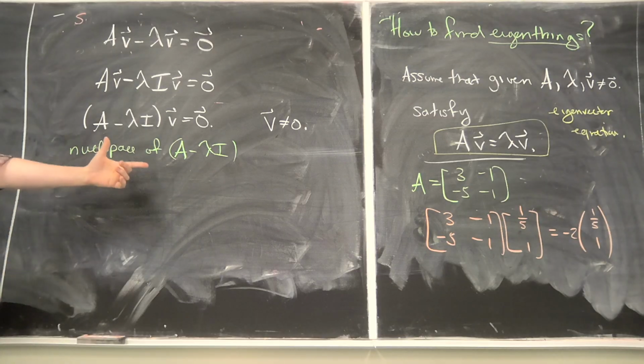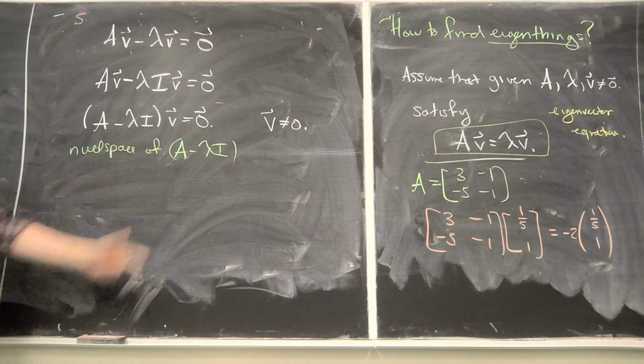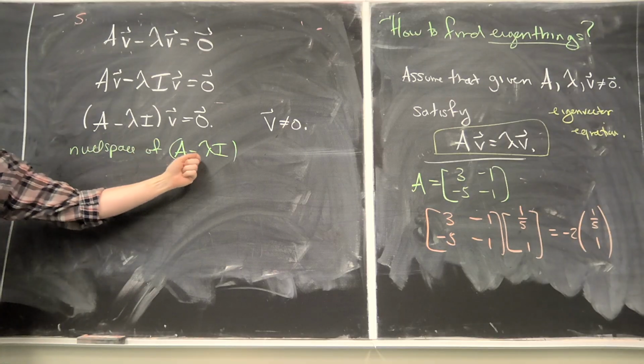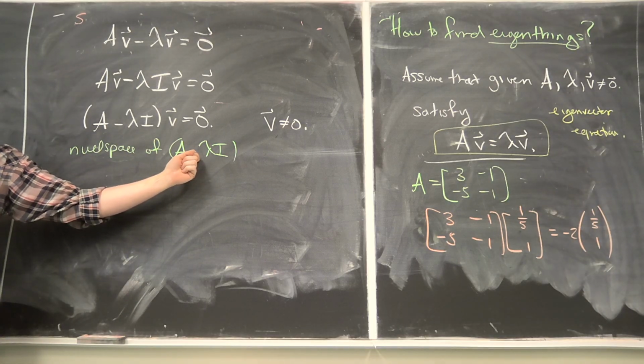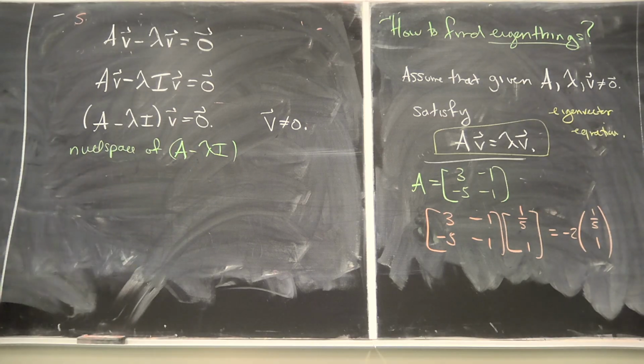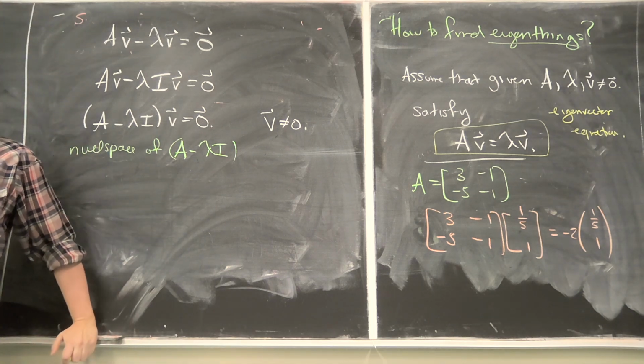Okay, if the null space of that matrix is infinite, there's an infinite number of solutions, what do you know about the row reduced form of this matrix? The last row is all 0. Some number of rows?